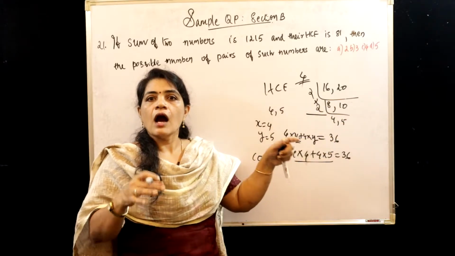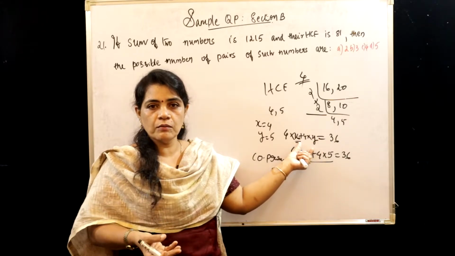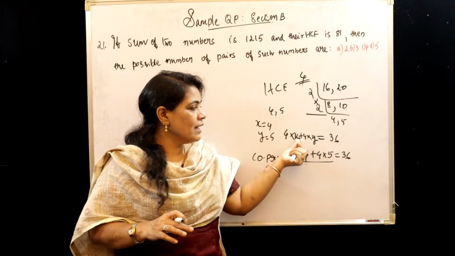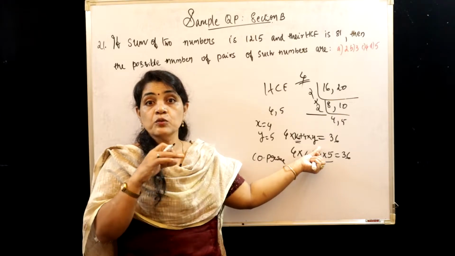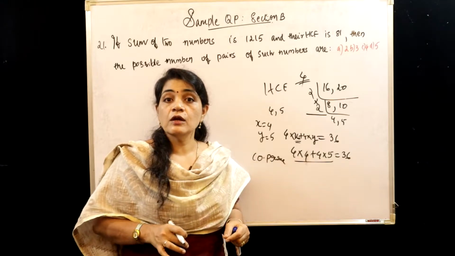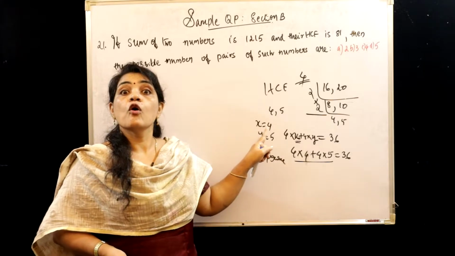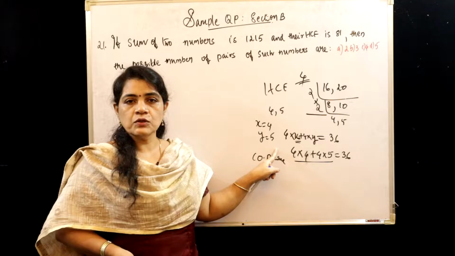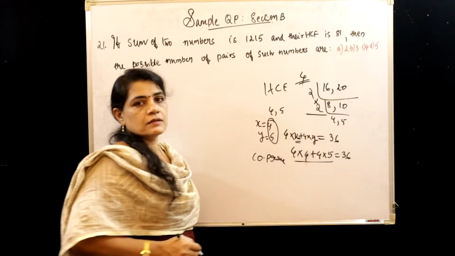After expressing the two numbers with one factor as the HCF, the remaining factors x and y won't have any other common factor. Such numbers are said to be co-prime numbers. So x and y will be co-prime numbers. Here x and y are 4 and 5. Understood? So we are expecting co-prime numbers here.